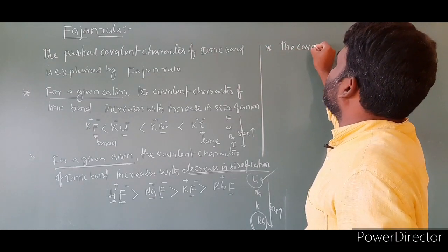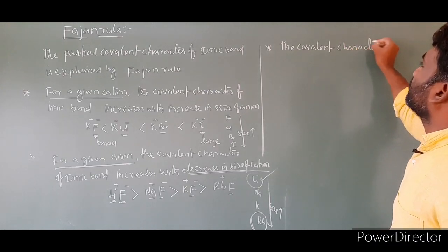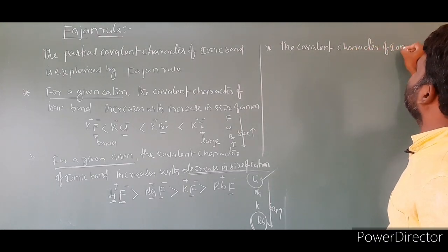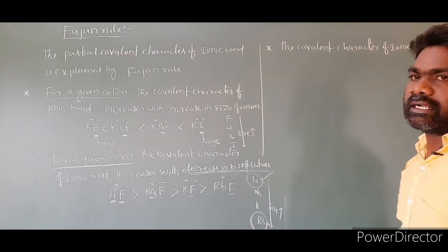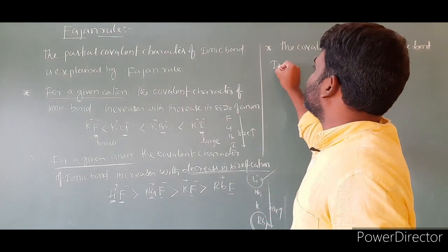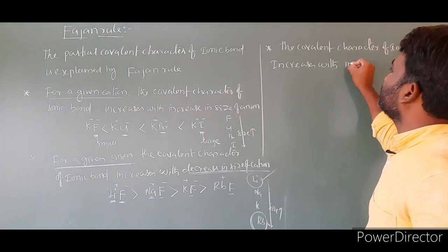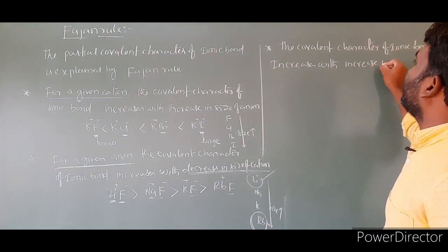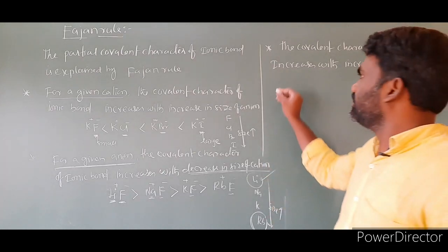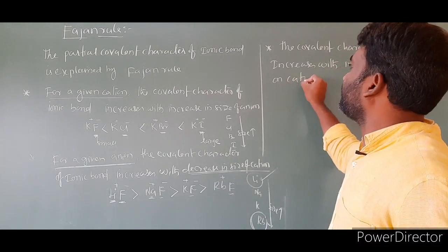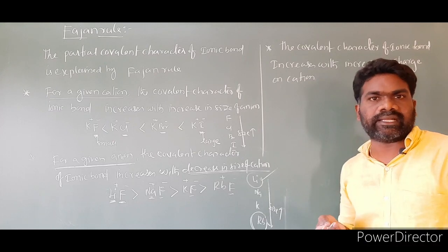The covalent character of an ionic compound, simply the covalent character of an ionic bond, increases with increase in charge on the cation. So as the cation charge increases, the covalent character of that compound increases.